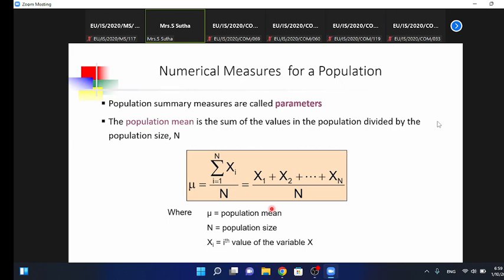Those two measures I am leaving as a reference. You have to find out what measures we can use to calculate the numerical summary measures of skewness and kurtosis, and how we can interpret those measures.